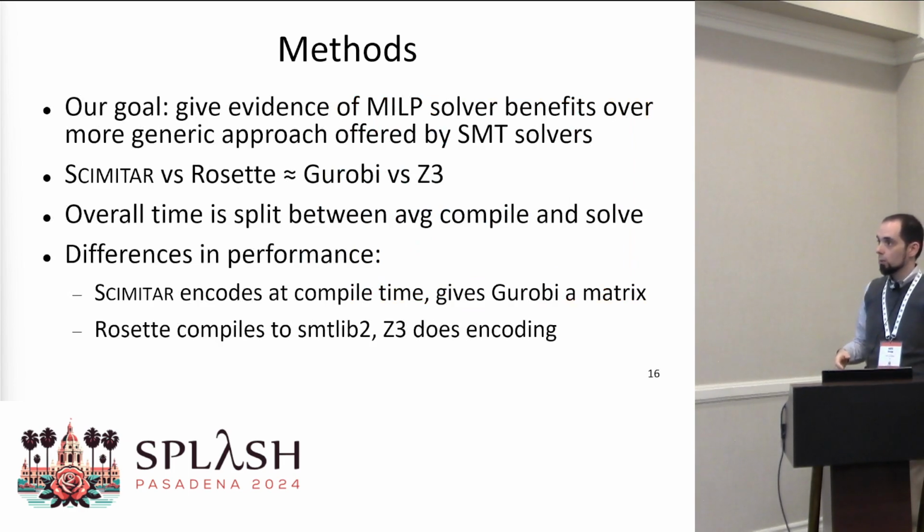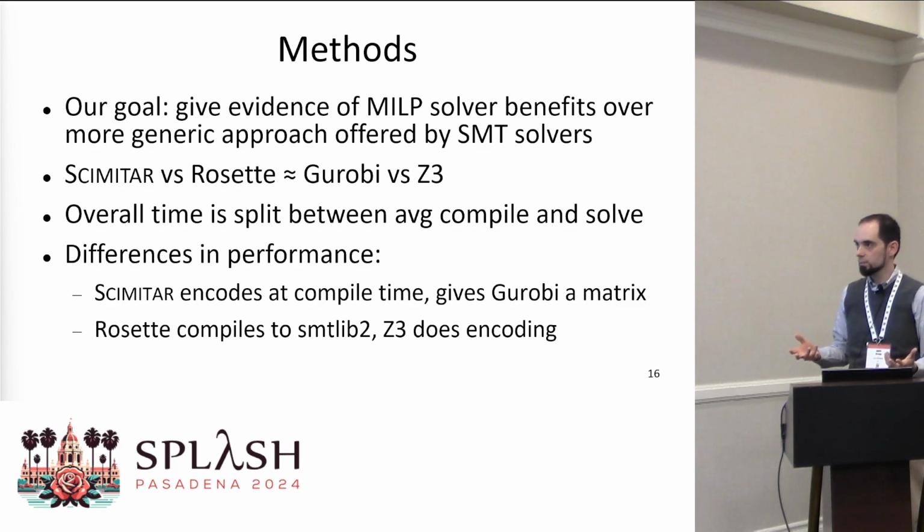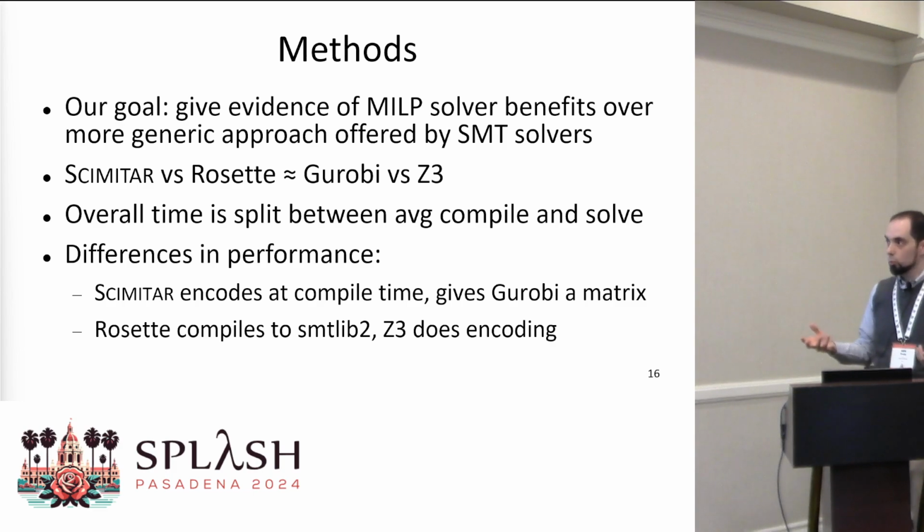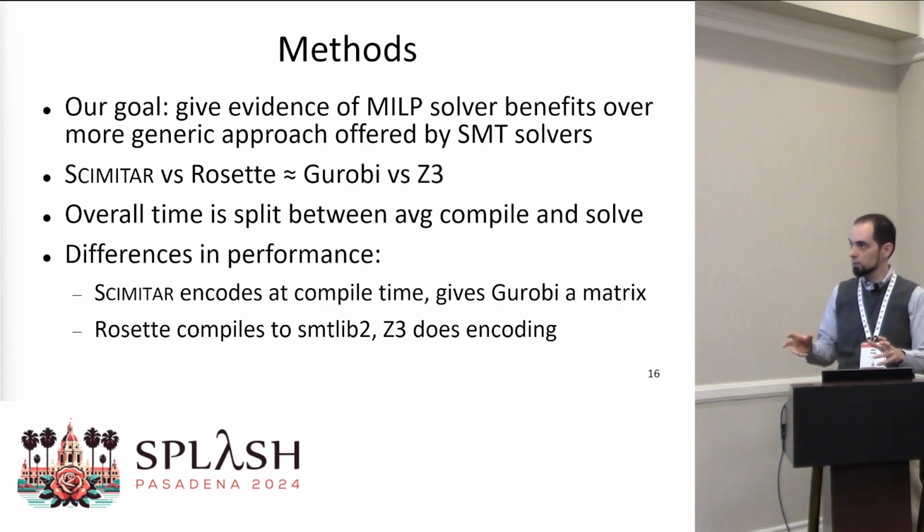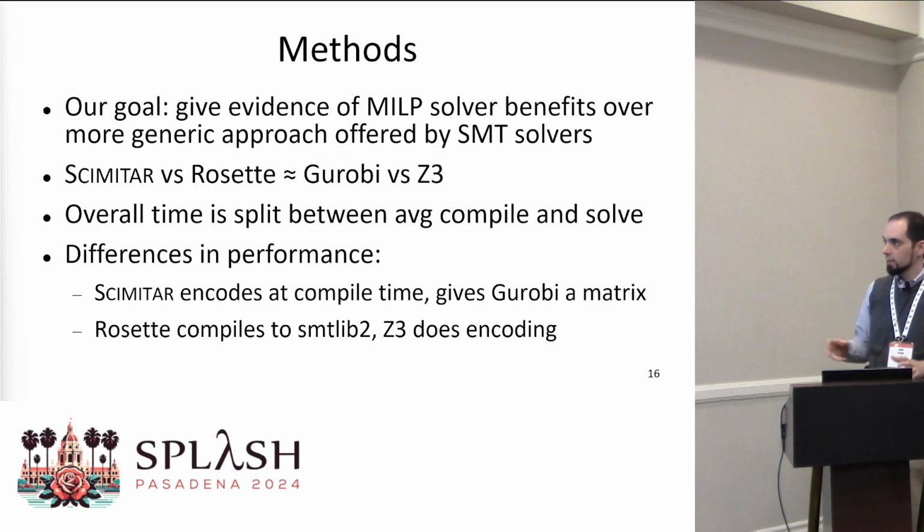OK, so in running our benchmarks, our goal was to simply give evidence that the MILP solver has benefits over the more generic approach offered by SMT solvers. We did that by comparing Scimitar to the solver-aided language Rosette, which to a certain extent is a comparison of the solvers underneath, Gurobi versus Z3. We split the time between compile and solve.